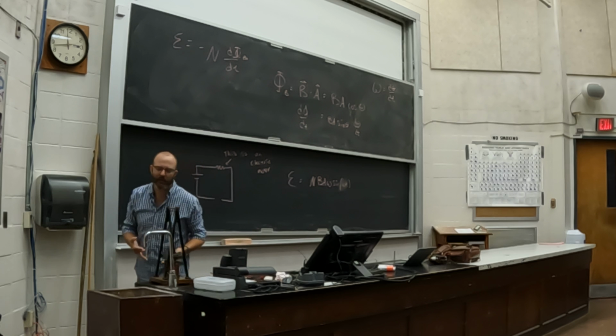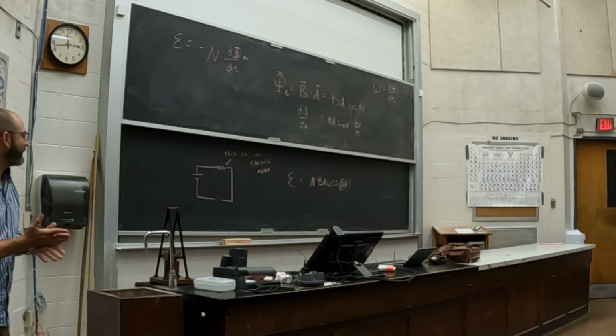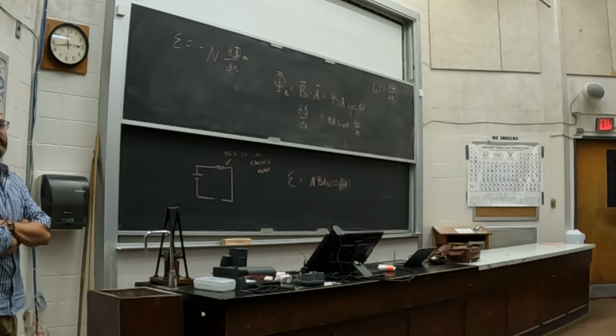There are symbols for motors, which I'm not going to worry about. We're just going to consider the motor as a big resistance. So the point of this is not the resistance, though, right? The point of this is to ask ourselves, what happens when I turn this motor on?